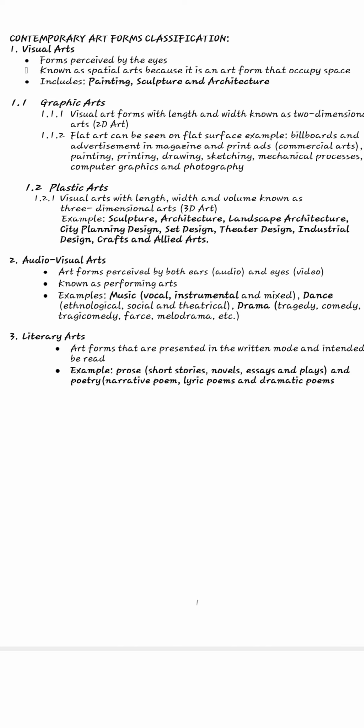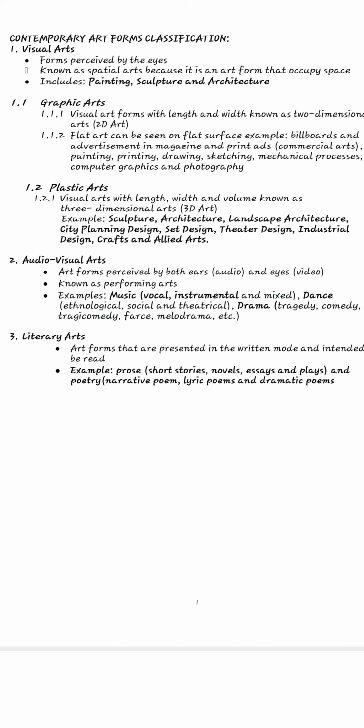Aside from visual arts, another art form in the classification of contemporary art is audiovisual art. Visual art focuses on what you can perceive with your eyes, while audiovisual is a combination of both ears, or audio, and eyes. You can listen to it and see it, so it is probably composed of video.